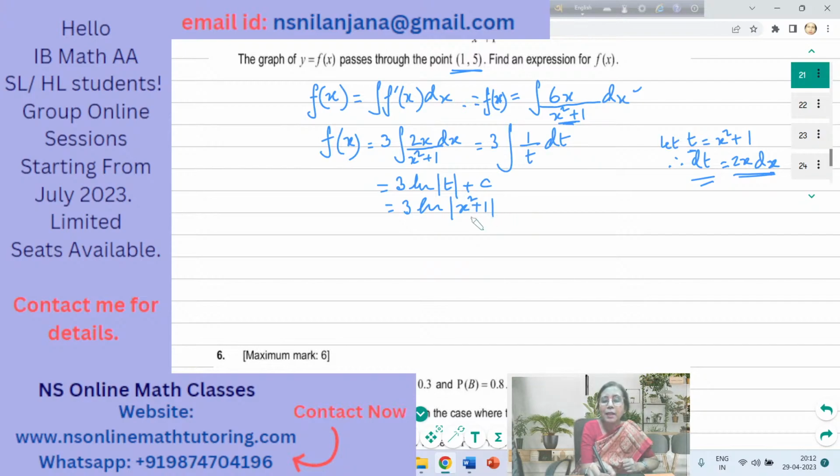So I can safely remove the modulus sign. So this is equal to ln of x squared plus 1 to the power of 3. You may keep it this way also, it doesn't matter.